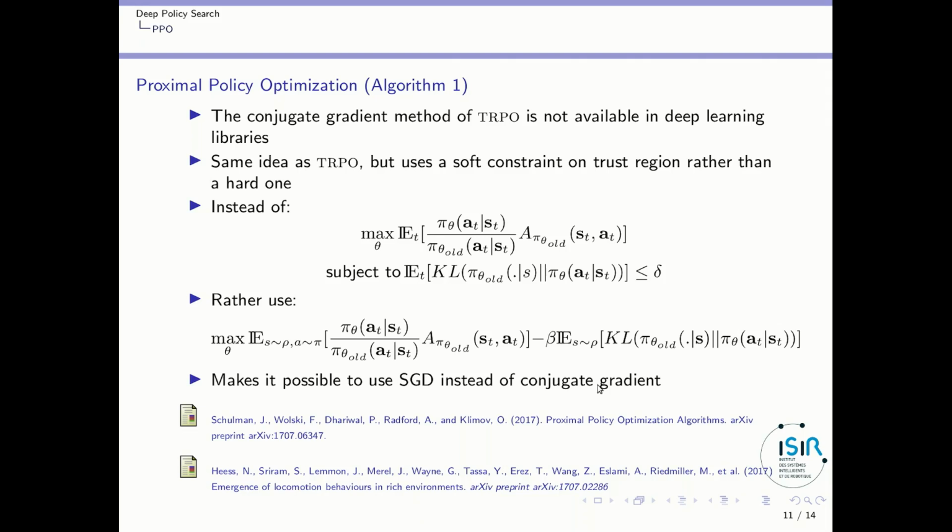So this leads to a much simpler algorithm, PPO, because you can use the standard gradient descent techniques which are available in PyTorch and TensorFlow libraries. And you just have to minimize this using Monte Carlo updates, and that's easy. So you will find many implementations of this algorithm.